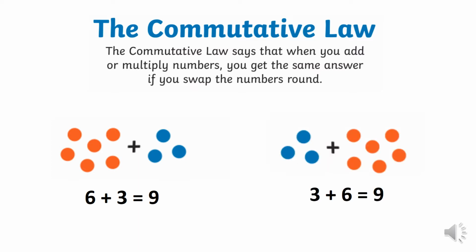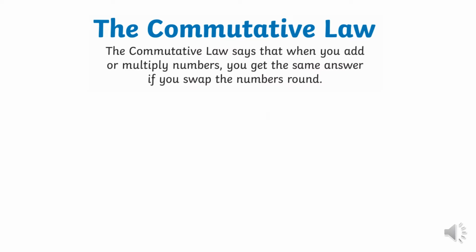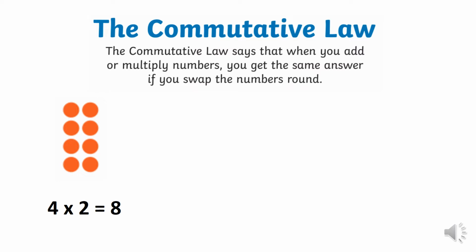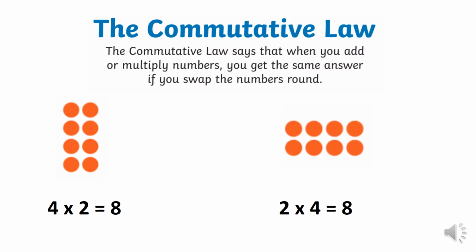If I swap those parts around, 3 plus 6, that will still total 9, that will still equal 9. So addition is commutative, but we're not looking at addition today, we're looking at multiplication. Now multiplication is interesting because it's also commutative. 4 times 2 equals 8, and 2 times 4 equals 8. Multiplication is commutative.